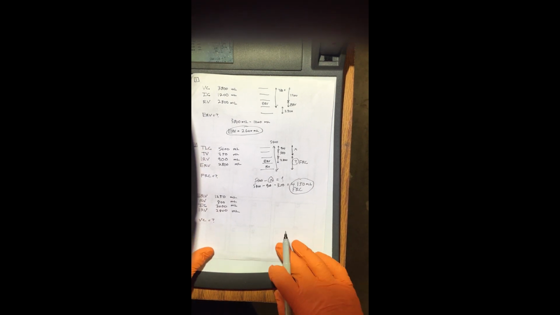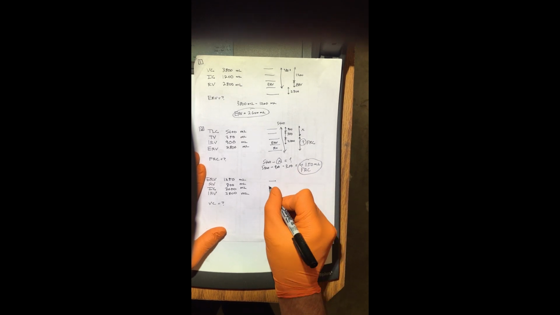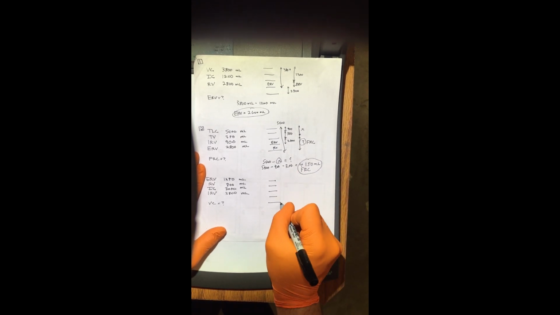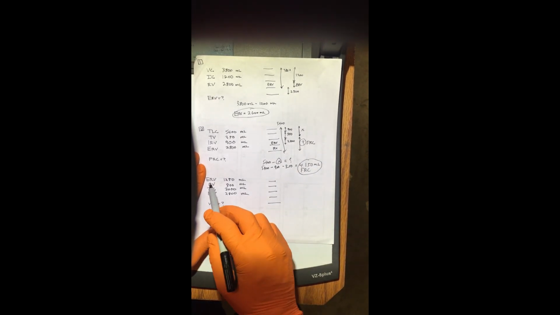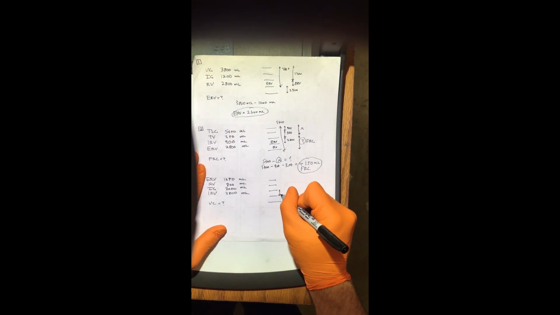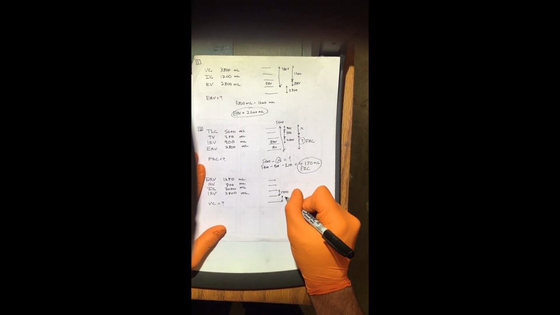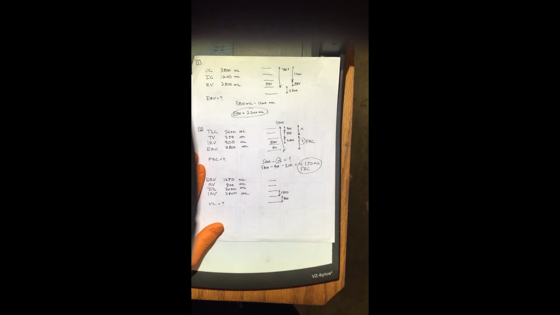All right, let's go ahead and do one more example. So again, we're going to draw our 5 lines, 1, 2, 3, 4, 5. And let's just fill in this based on what we're given. Our expiratory reserve volume, that's this, that is 1,250 milliliters. Residual volume, that's this, that's 800.